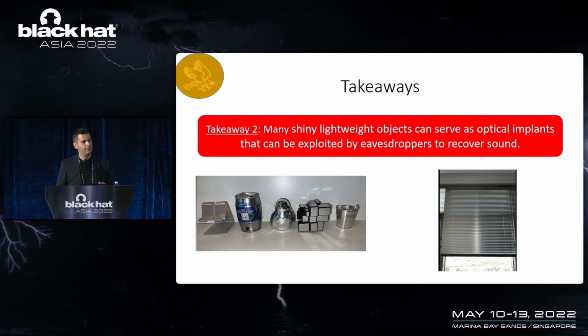And in some cases, these are objects intended for the opposite purpose, to increase a user's privacy, like Venetian blinds. All of these objects, due to the fact that they share the same characteristics, being lightweight and shiny, can turn into optical implants when there is a sufficient amount of light in the room.